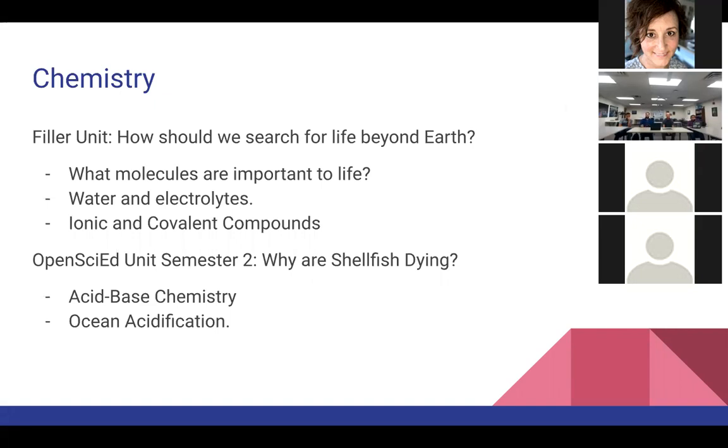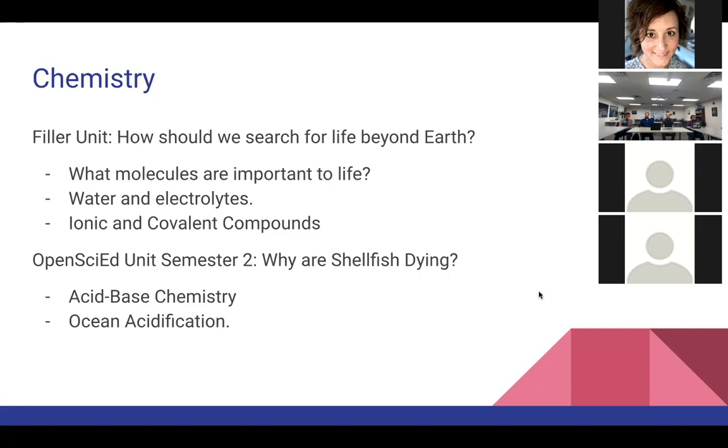Moving on to second semester, we've got a filler unit before we start our next Open Sci Ed one, where we're going to be looking at how we should search for life beyond Earth. With that, we're looking into what molecules are and which ones are important for life.